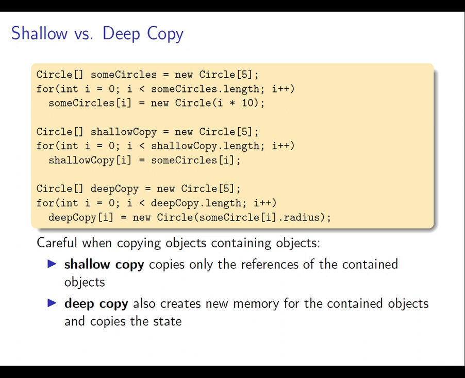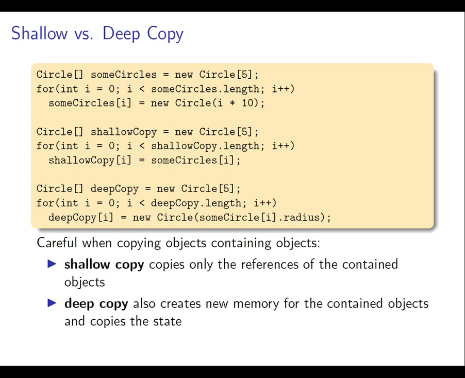Now we can do a shallow copy, which is to say we could create ourselves a new array of circles, and then we're just going to say we want a copy of each of those references to objects in our new array entry. Or we can do a deep copy, which is to say again we're going to create a new array of circles, but now in each place in our array we're going to have a reference to a new object which has the same radius as the corresponding object in the array that we're copying.